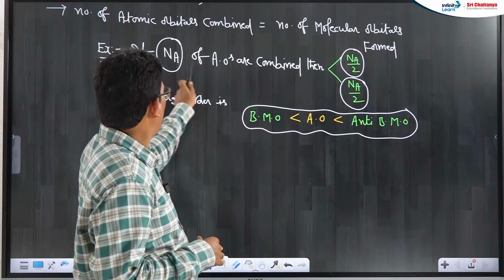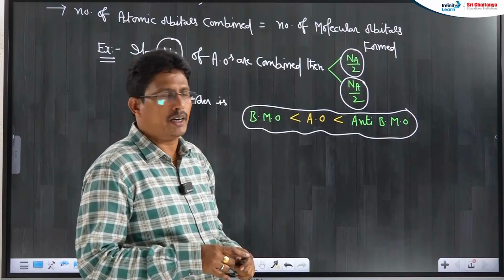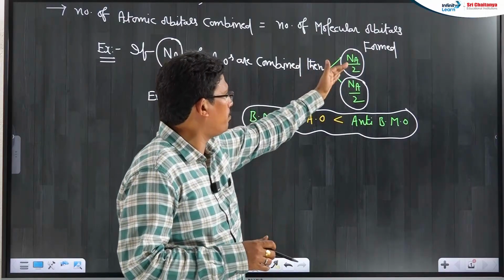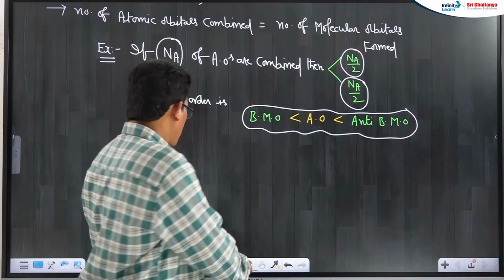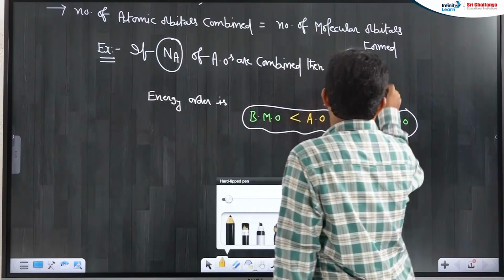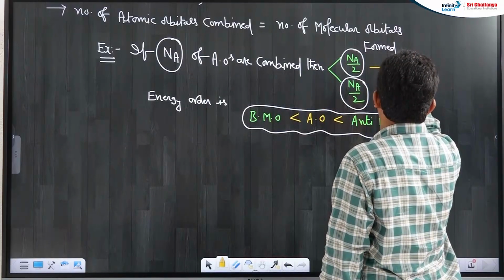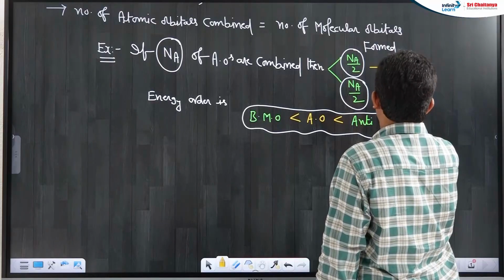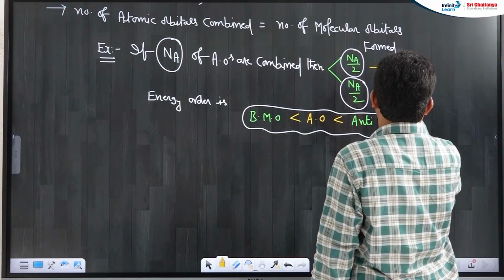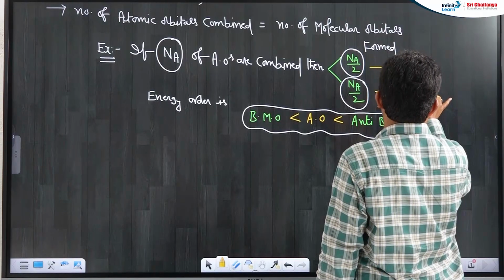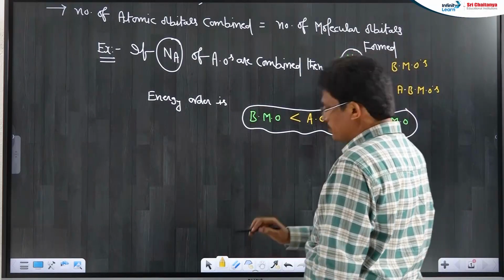If an Avogadro number of atomic orbitals are combined, we get half bonding and the other half anti-bonding. Here, n by 2 are bonding molecular orbitals and the remaining are anti-bonding molecular orbitals.